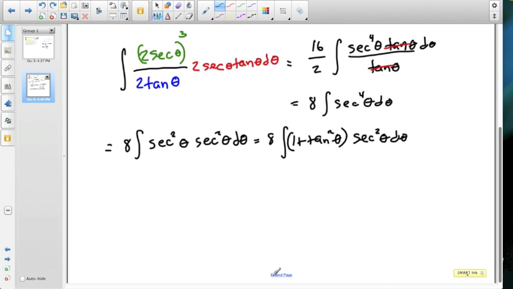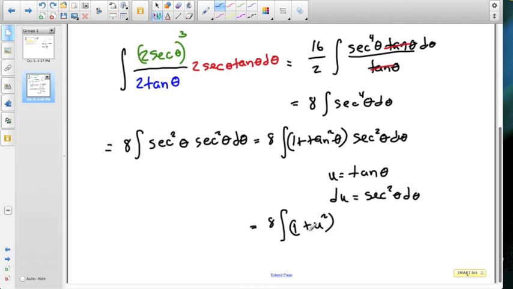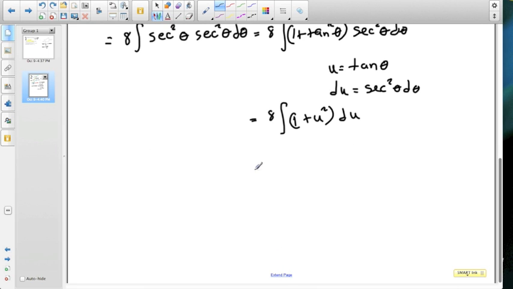Then we can do our u sub. We've substituted from x to theta, and now we're going from theta to u. We have a few substitutions to do at the end, but u is tan theta. When we take the derivative of tan theta, we get secant squared theta d theta. So this substituted out looks like 1 plus u squared du. That's a nice integral to work with.